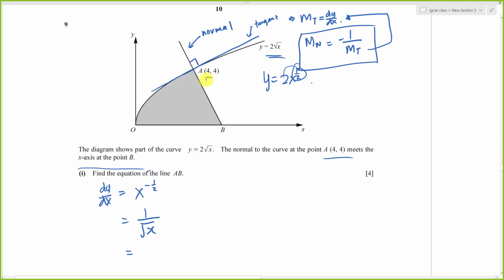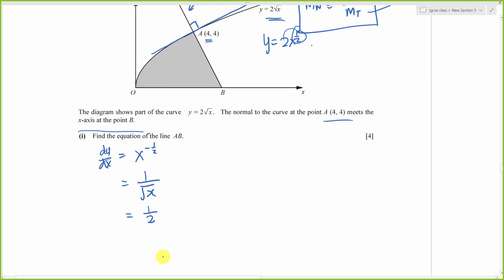The x value is 4, so we substitute in, square root 4 gives you 2. So this is the gradient of tangent, one half. To get the gradient of normal, you do negative 1 over gradient of tangent, which is negative 1 over half, so negative 2. So I get my gradient of normal, negative 2, by applying my formula.